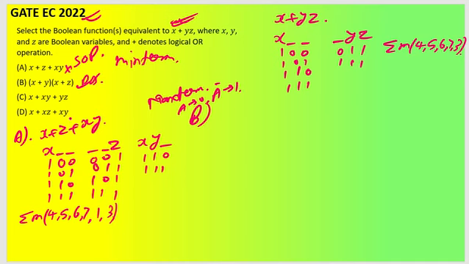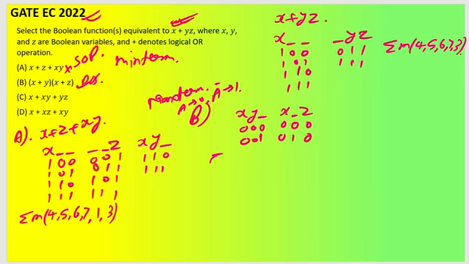We have x plus y, so x, y, z is not there, then x, y is not there, z is there. So we have 0, 1, then x, y, that will be 0, 0, 0, 0, because the complemented form is 1 and non-complemented is 0. Then this will be 0, 1, this is going to be 0, 0, 0, 0.